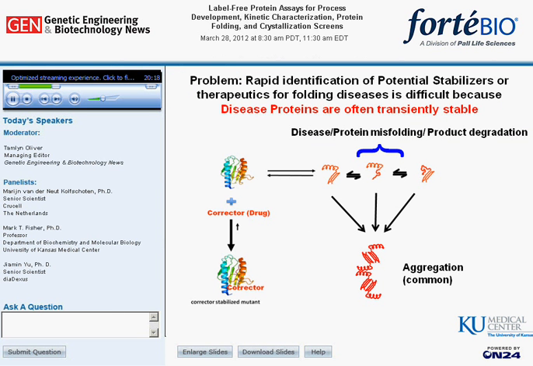The problem that our lab wants to solve is to develop a screening system that will rapidly identify protein stabilizers or correctors which will bind to proteins that are inherently unstable. Some of the most relevant proteins that exhibit these properties are mutant proteins that result in protein folding diseases.